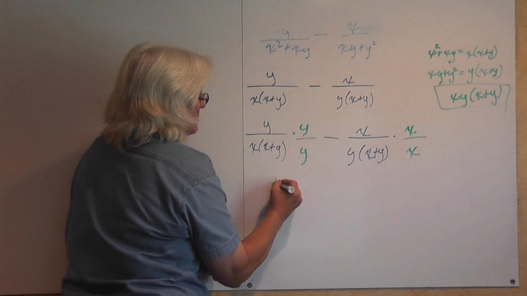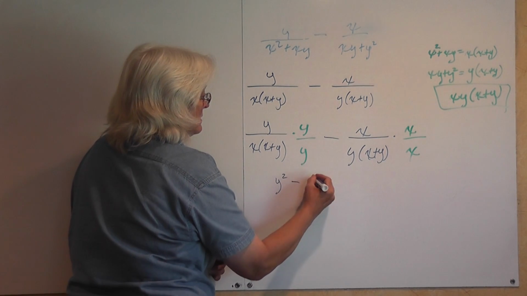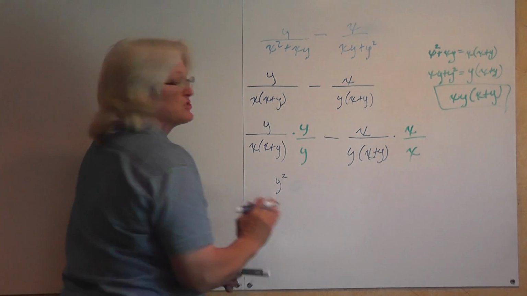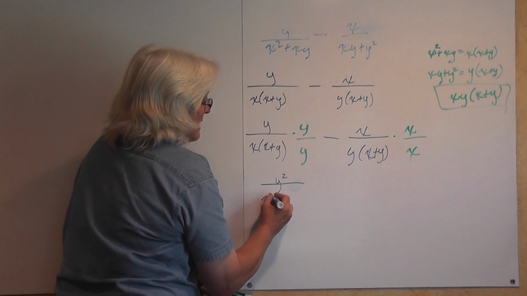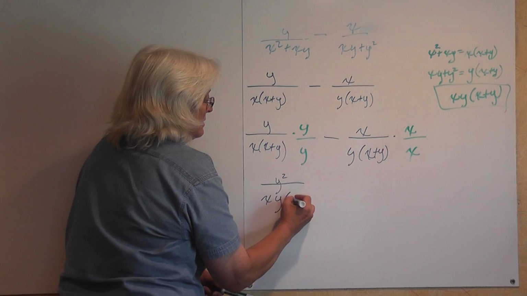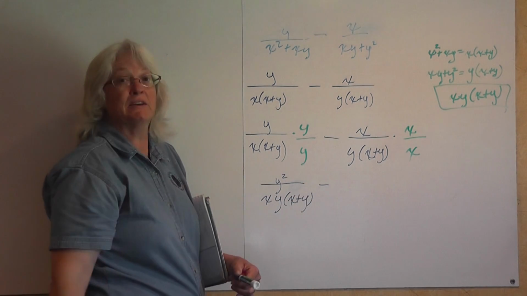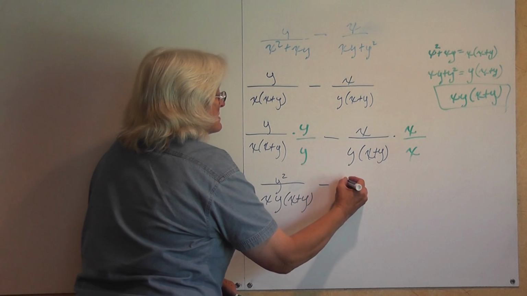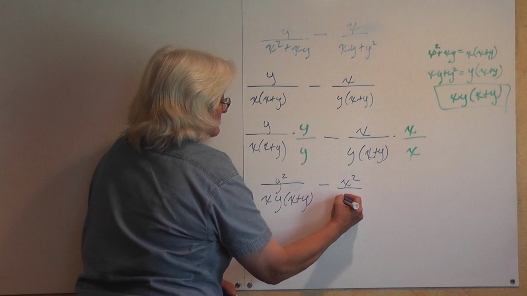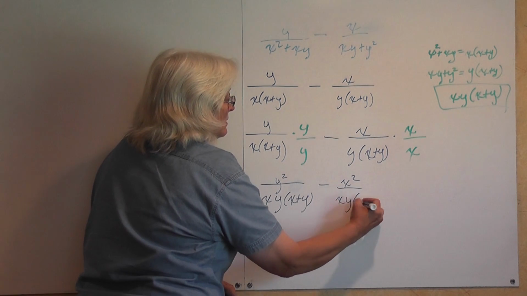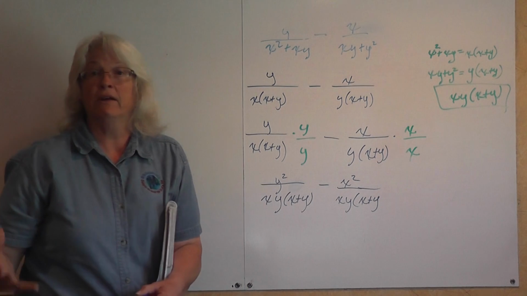Carry out this multiplication, and what do we end up with? We have y squared over x times y times x plus y minus x squared over x, y times the quantity x plus y.